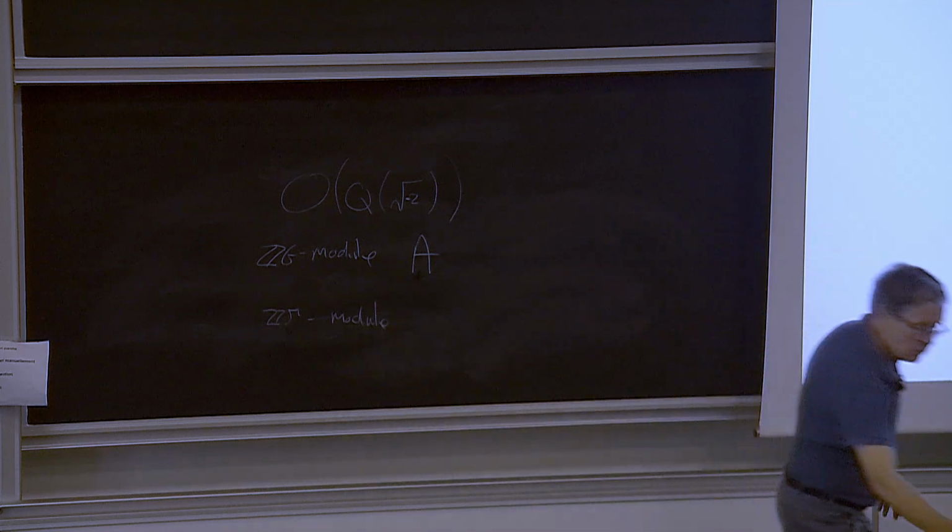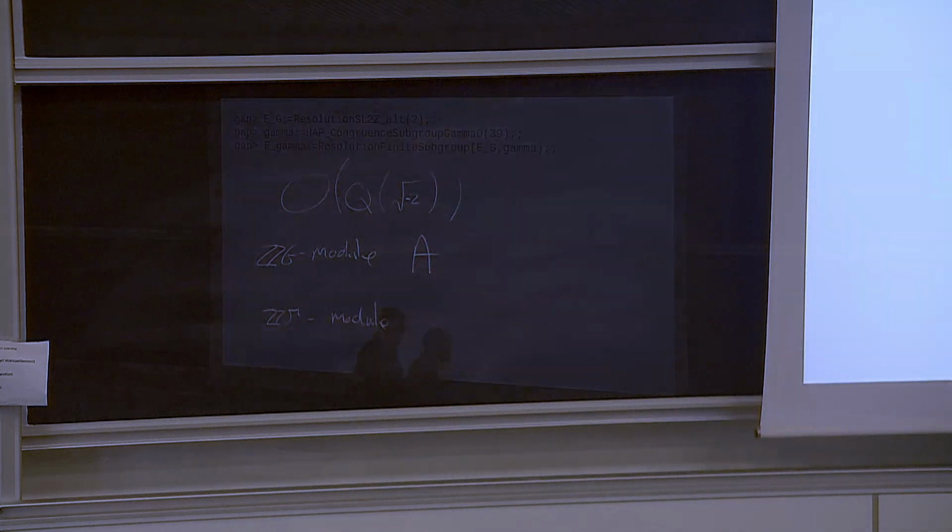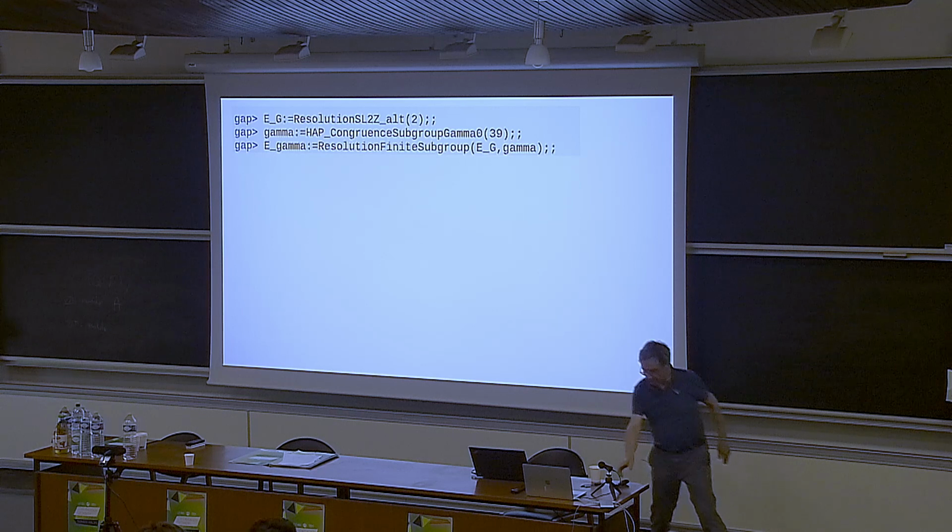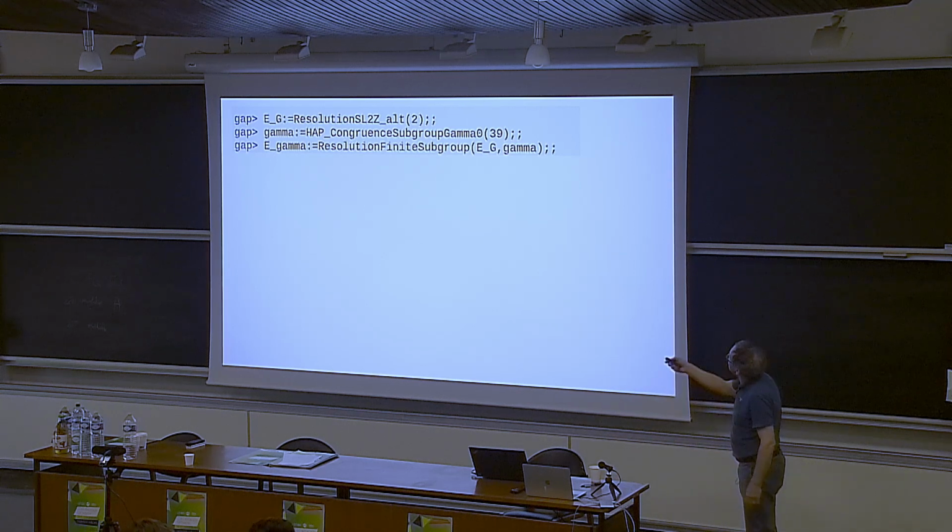So there's some calculation going on there, or representation on the computer. And so now we have a resolution for our subgroup Gamma.